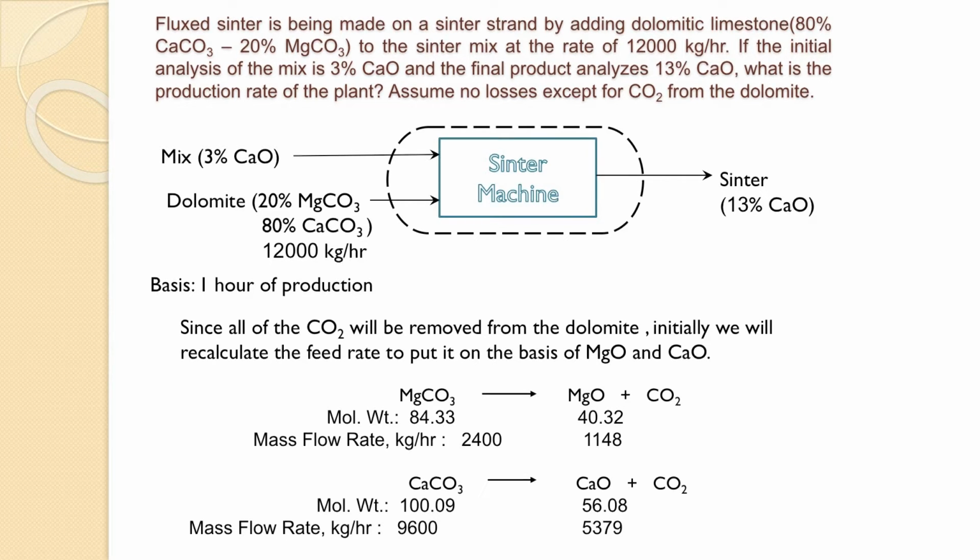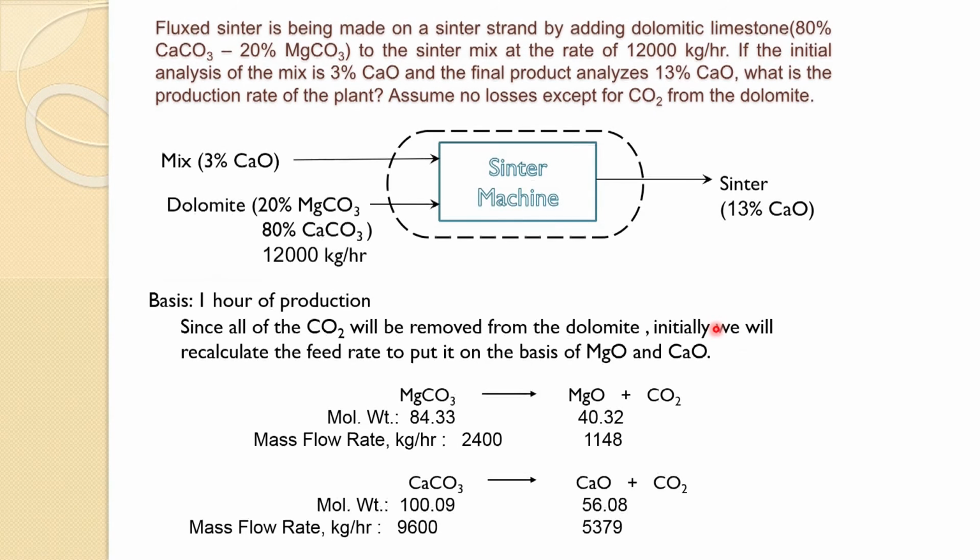So, our calculation is based on a per hour basis. Since all the CO2 will be removed from the dolomite, like MgCO3 giving MgO plus CO2 and CaCO3 giving CaO plus CO2 at high temperature in the sintering, initially we will recalculate the feed rate to put it on the basis of magnesium oxide and lime.